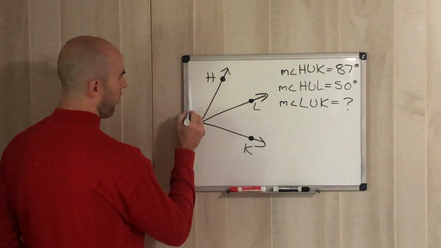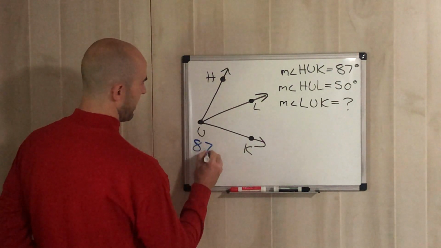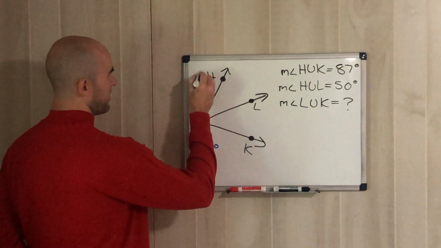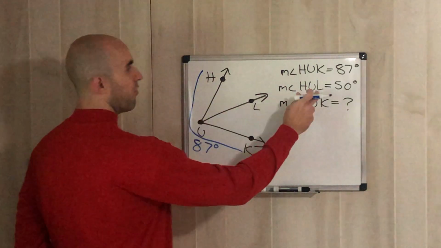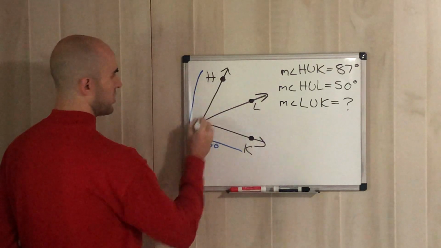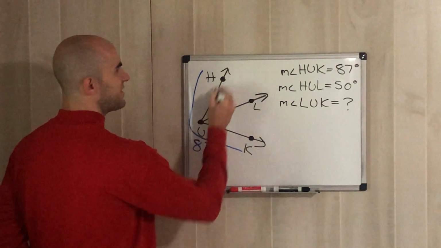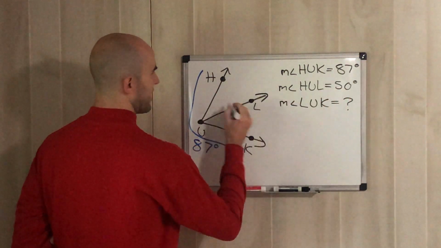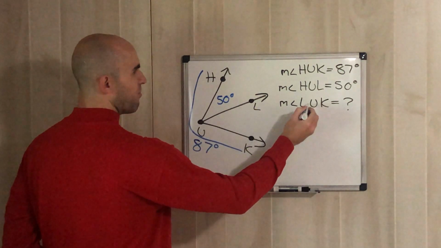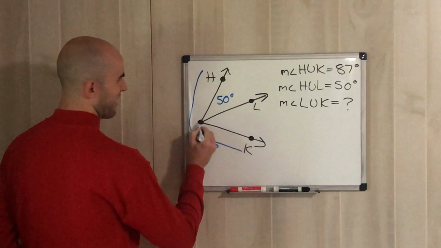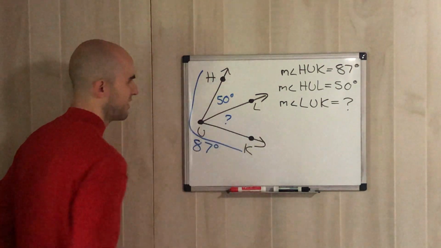We know that the whole thing is 87 degrees. We know that HUL, this angle here, is 50, right? What we want to find is LUK. We want to find this.